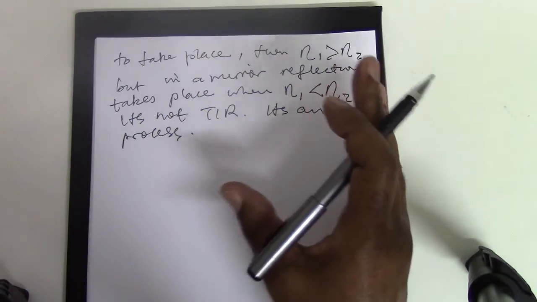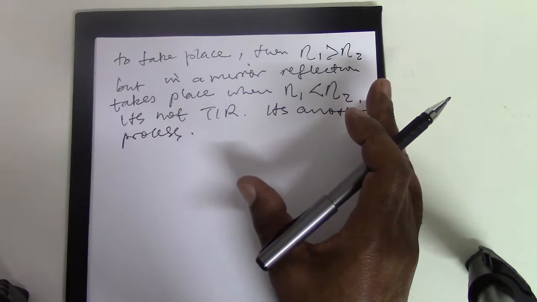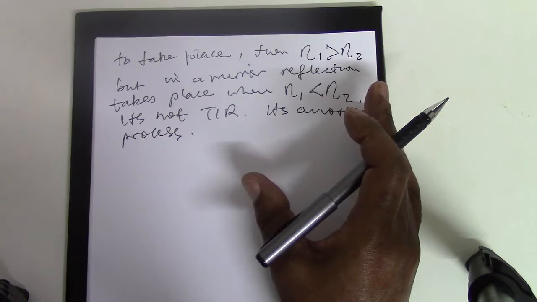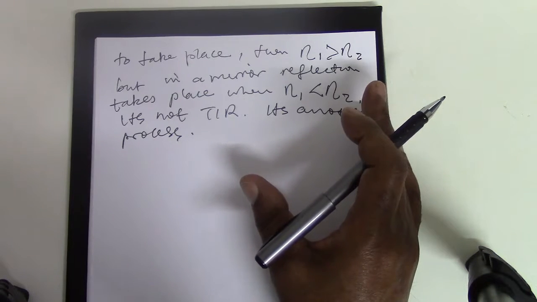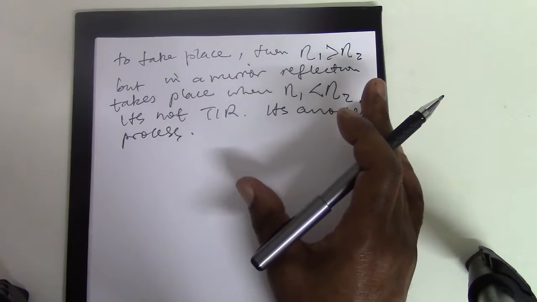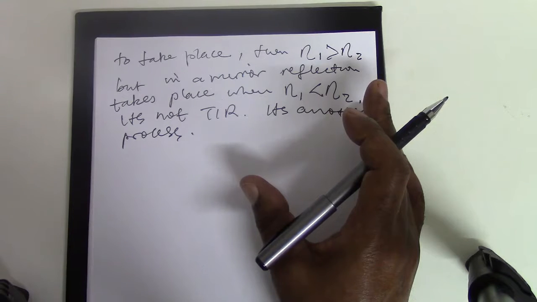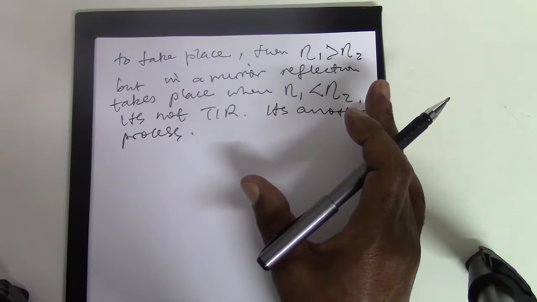But it's important for you to understand that it's not really total internal reflection, because total internal reflection takes place when we move from higher optical density to a medium of lower optical density, and it involves two transparent media.